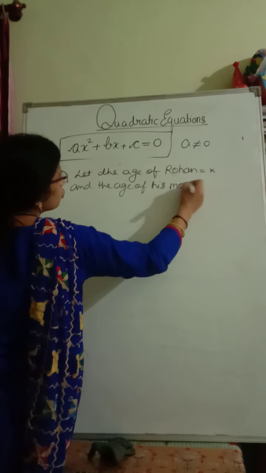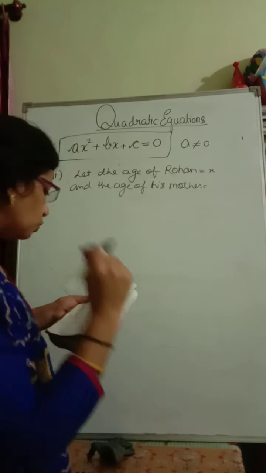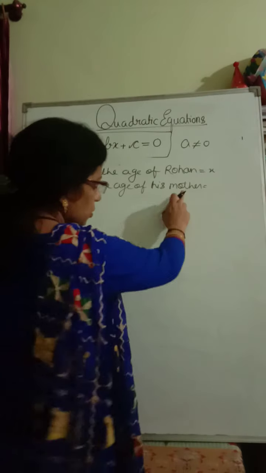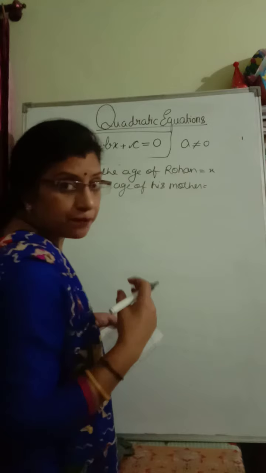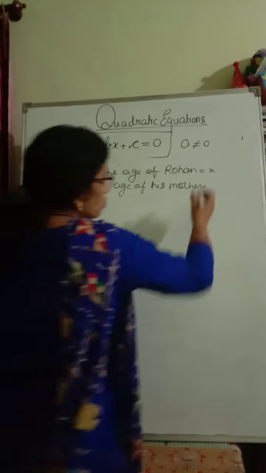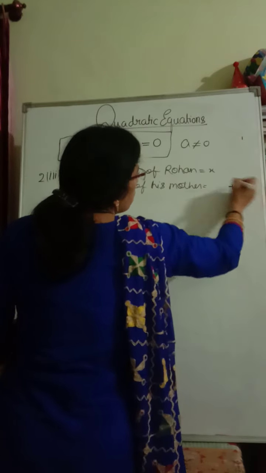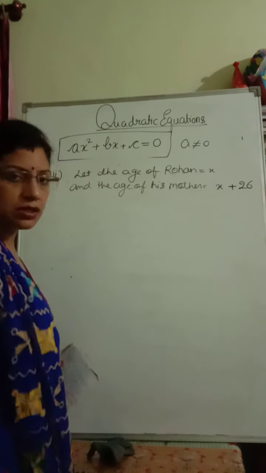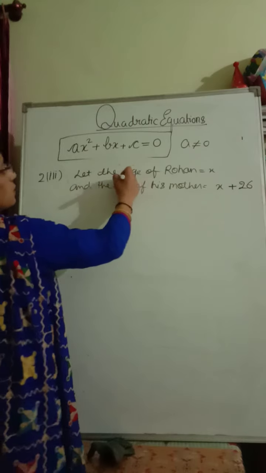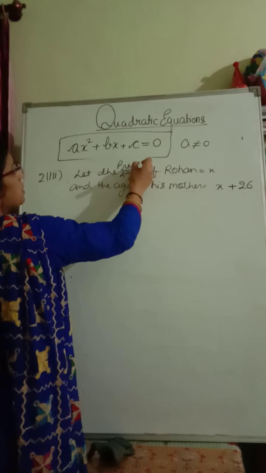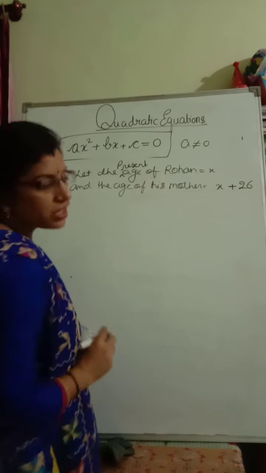Now we are reading the question. Rohan's mother is 26 years older than him, so this is their present age.